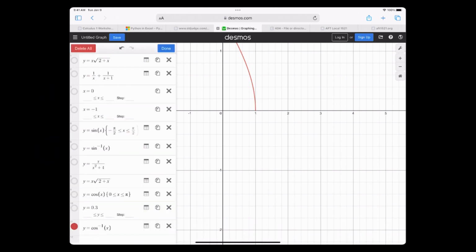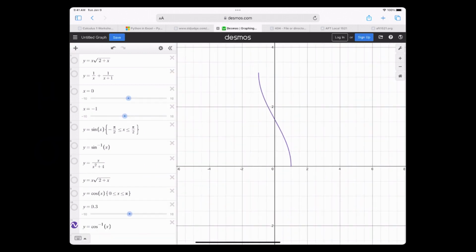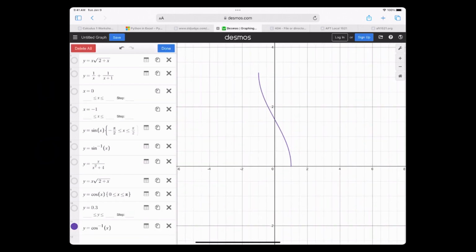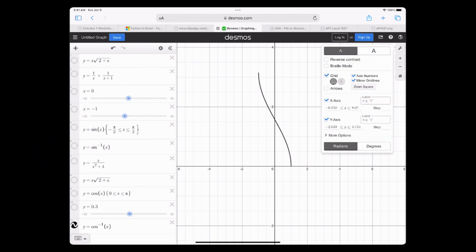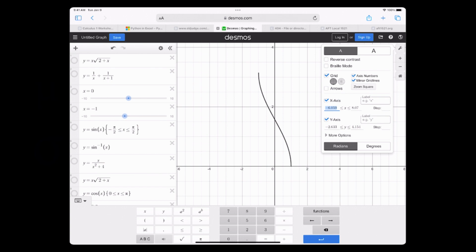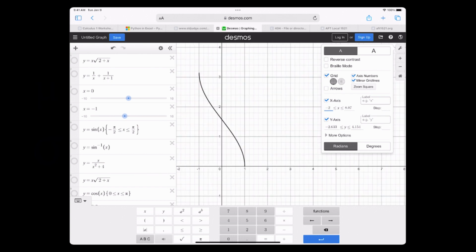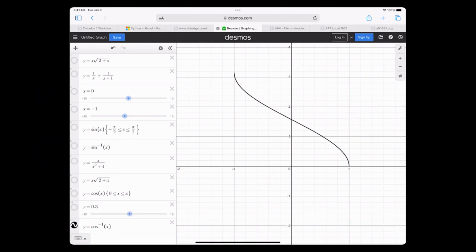Let's change the color, black, and make it a little bit whiter.